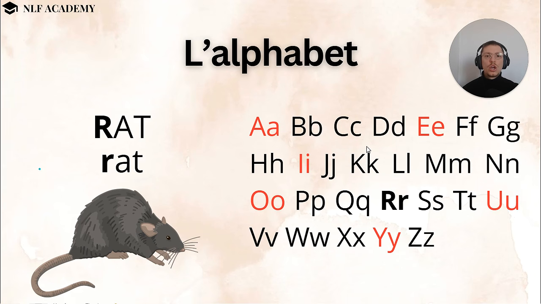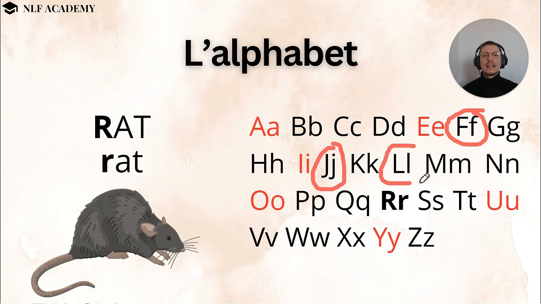For example, que, I cannot keep doing a que in time because it's an explosion of air out of my mouth. Same for b, d. But some sounds, I can keep doing them in time, like f, or j, or l. R is one of them.